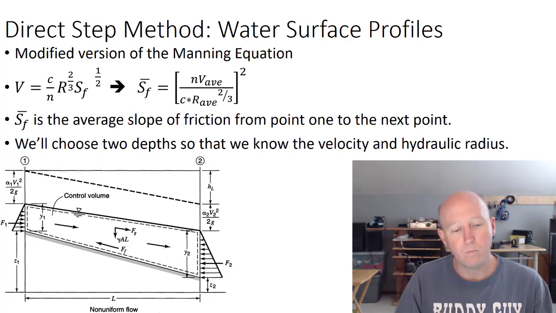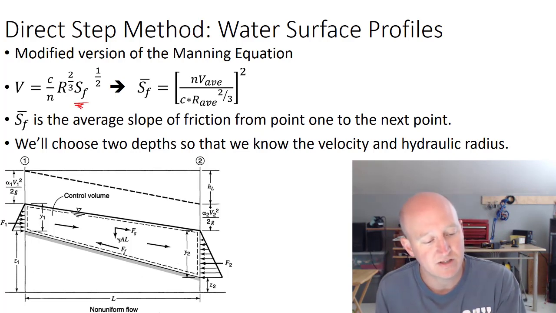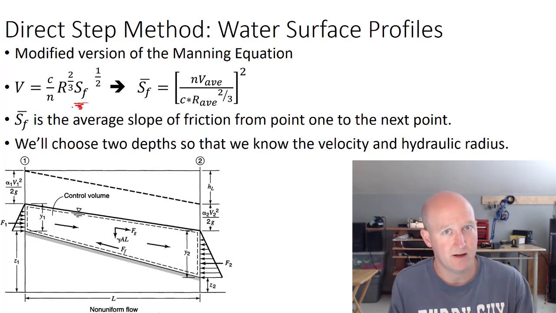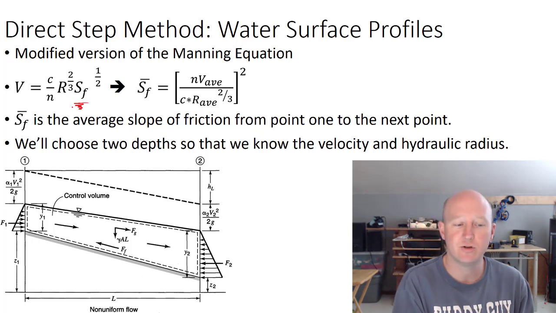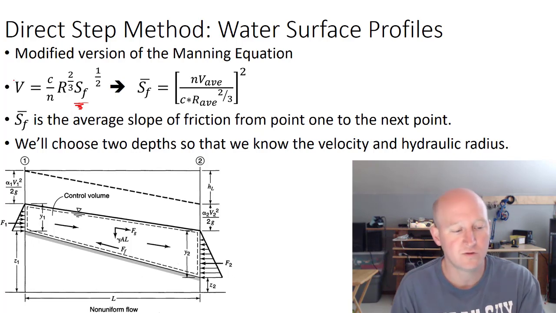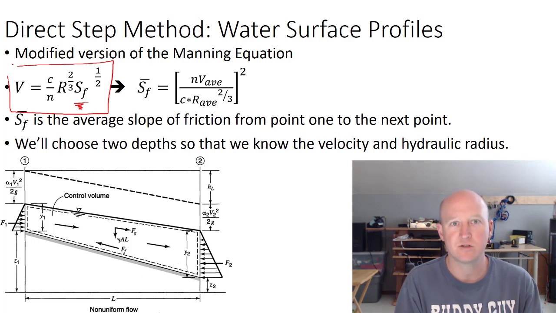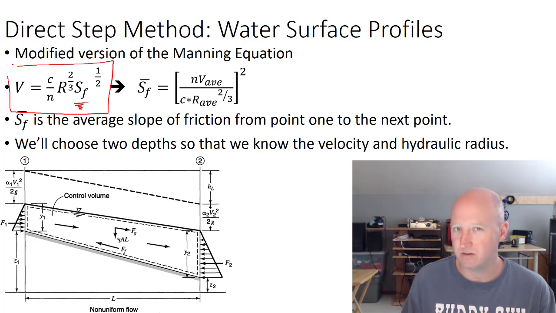So what we've done is actually, Manning wrote this equation. It's set up just like this. It turns out in the previous video I showed this as being S naught, and that's because when we're going to use this form of the equation, we are going to say that the friction slope is equal to the bottom slope, and we'll know the bottom slope. That's going to be a geometric property.